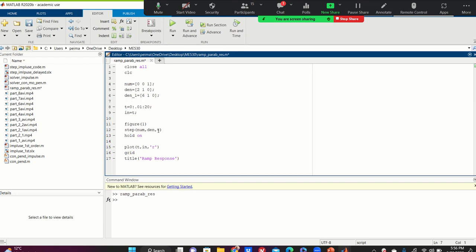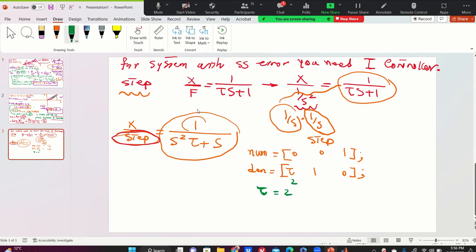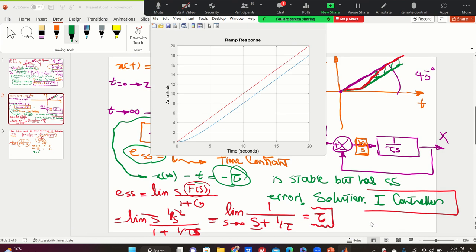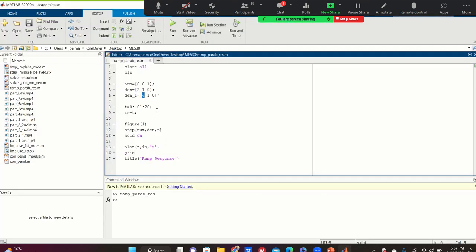If I do that, guys, when I increase the time constant to 6, I'm increasing what? Yes, I'm increasing the steady state error signal. So you're going to see more deflection from here like this. See what I'm saying? So if I plot this, I'm going to say hold on, step, and then 1, and then hold on.